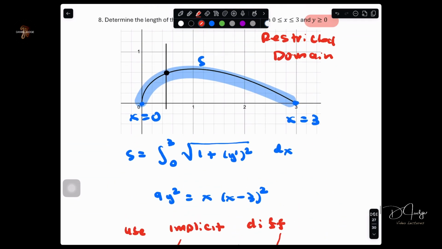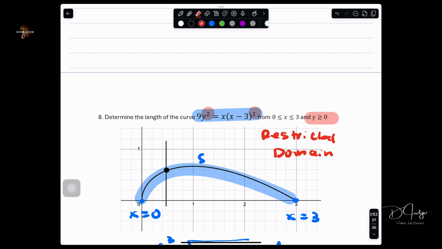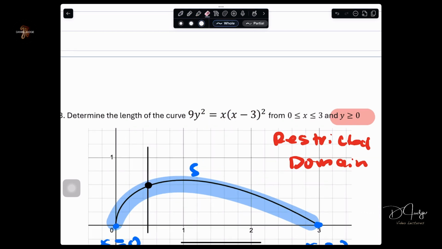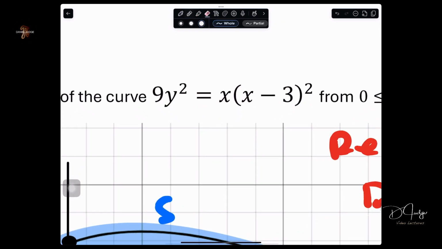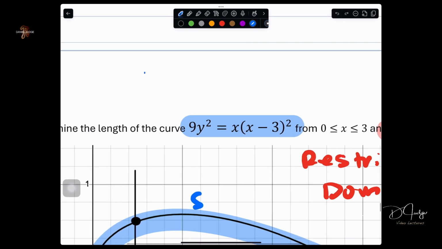So let's try to see what we can substitute now for the y squared by going back to the original equation. What do we know? That 9y squared is actually x times (x minus 3) squared. So y squared is x times (x minus 3) squared over 9.